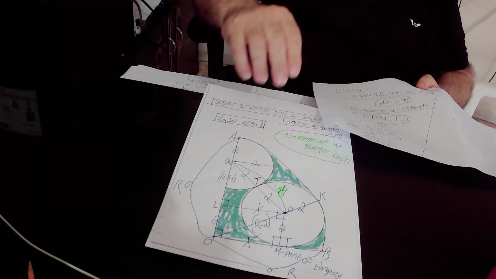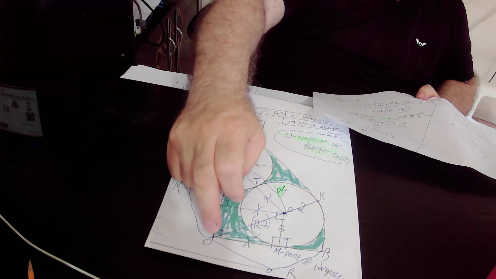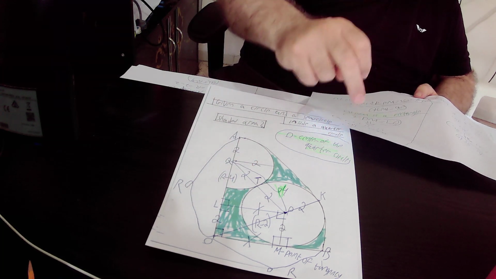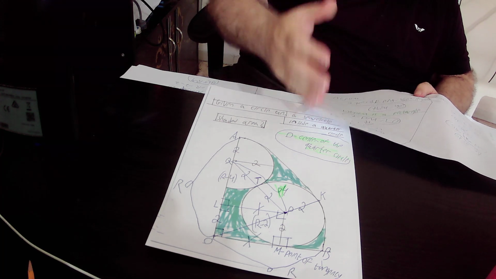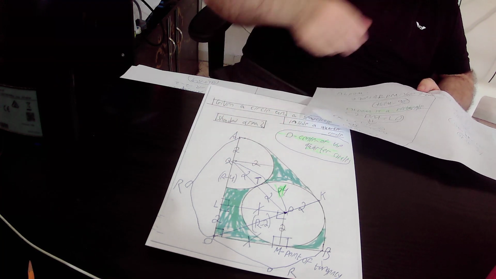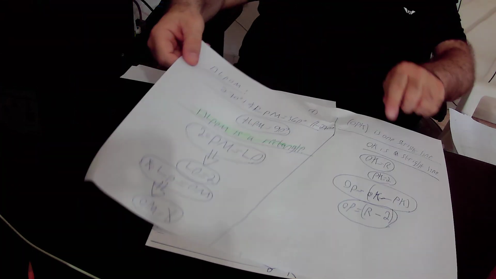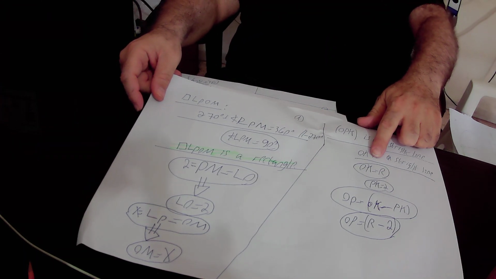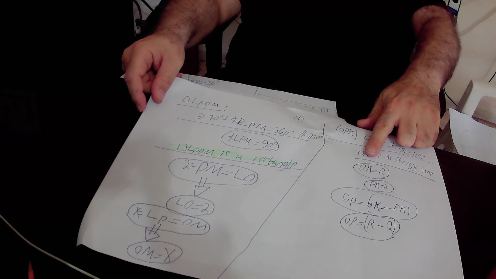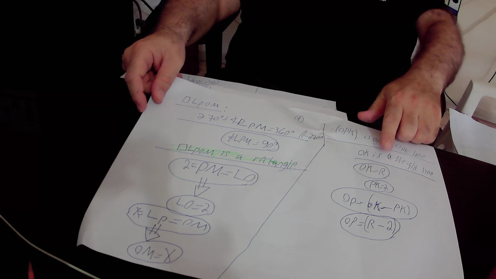Point O is the center of the quarter circle. Point K is a point on the quarter circle itself. This is exactly the definition of a radius. That is to say, OK is the radius of this quarter circle. Very simple. So OK is equal to capital R, because the radius of the quarter circle equals capital R.